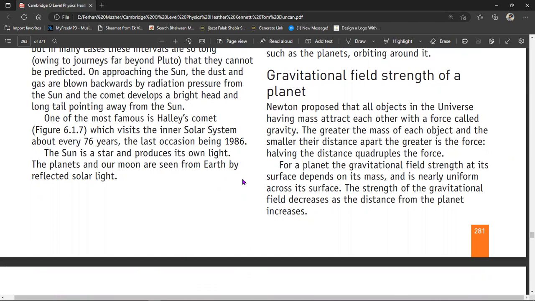If the distance between the two bodies becomes half, the force of gravitational attraction becomes 4 times. For a planet, the gravitational field strength at its surface depends on its mass and is nearly uniform across its surface. The strength of the gravitational field decreases as the distance from the planet increases.